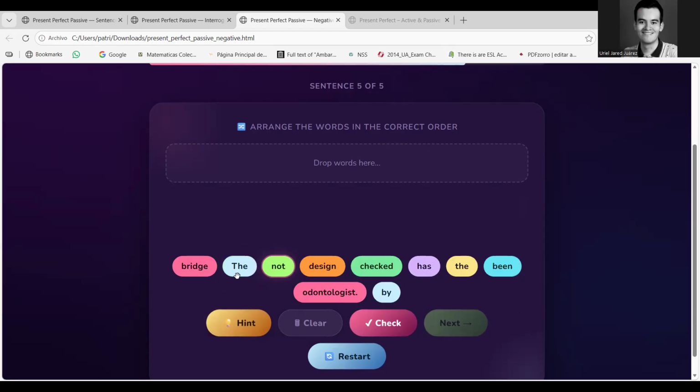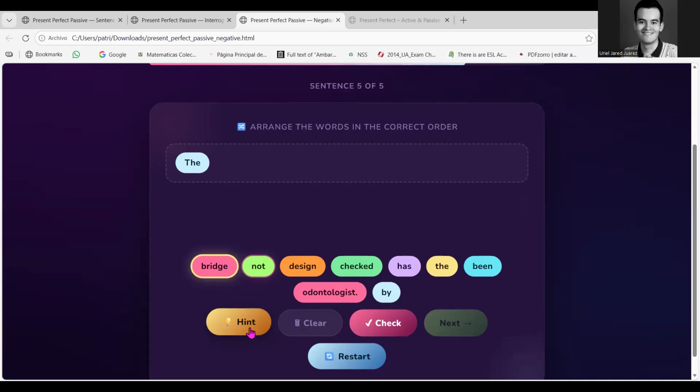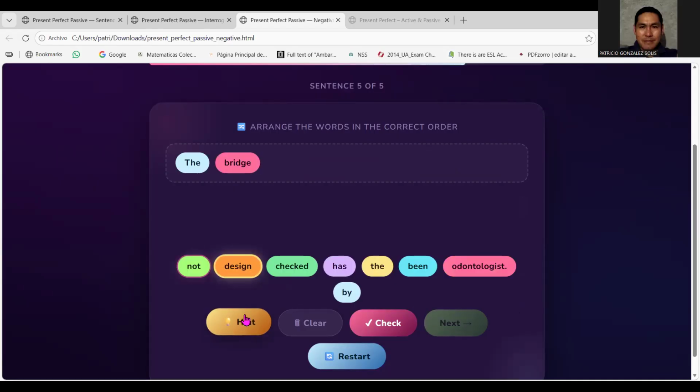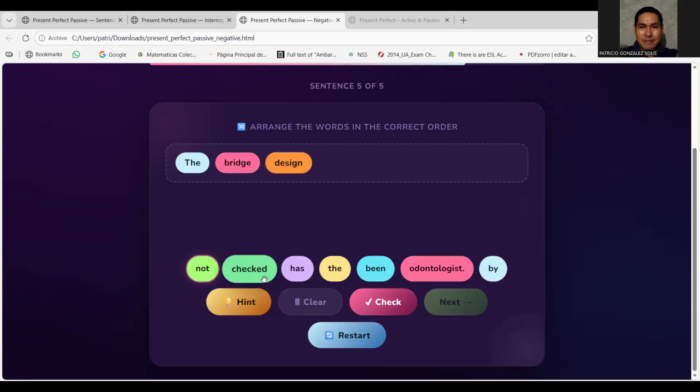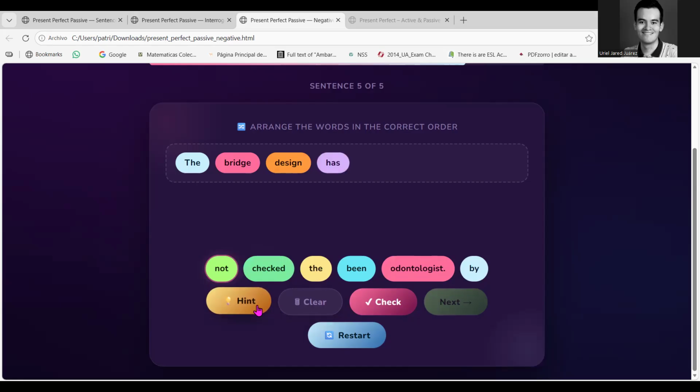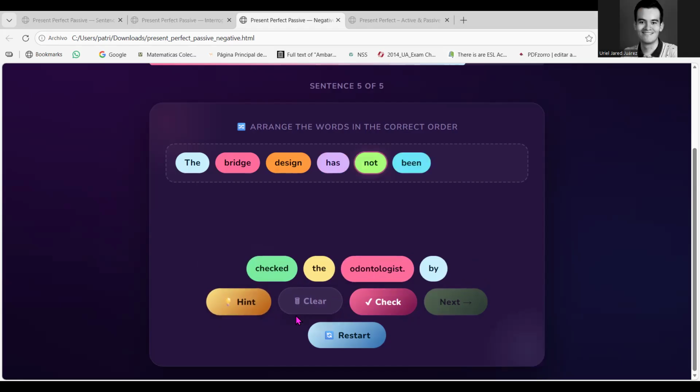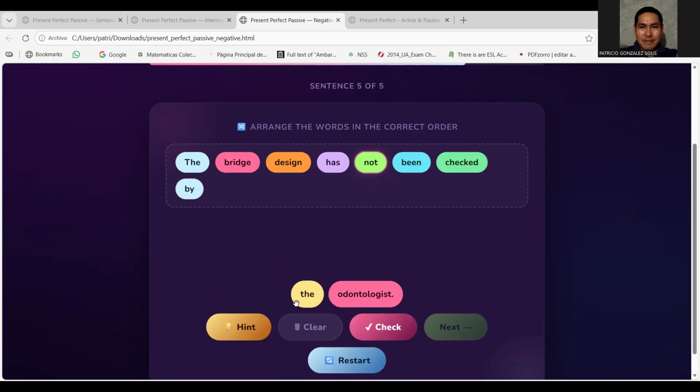The odontology bridge has not been checked by the odontologist.